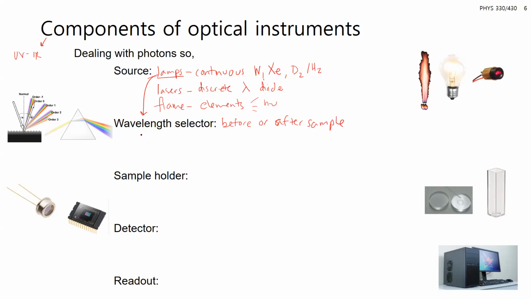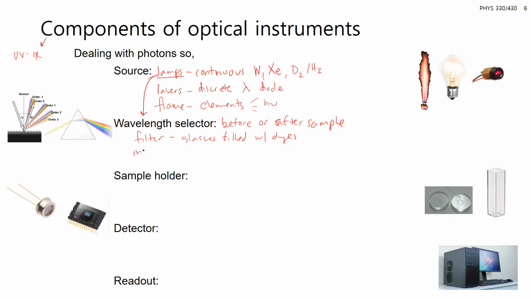So the cheapest wavelength selector would be just a very simple filter. These are glasses filled with dyes or plastics, and they're a way to cut off and absorb some wavelengths of light and allow others to pass through.